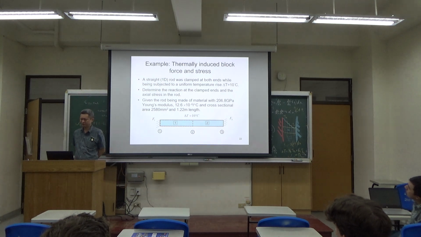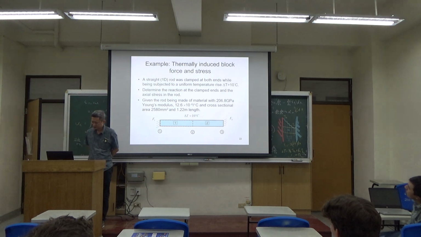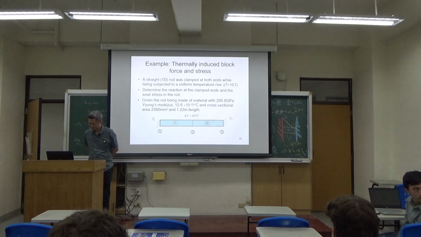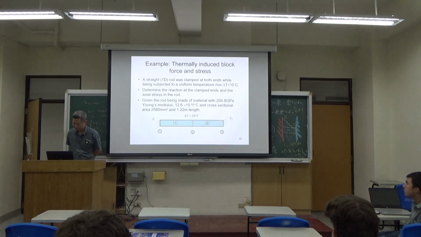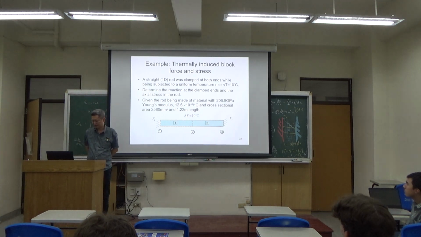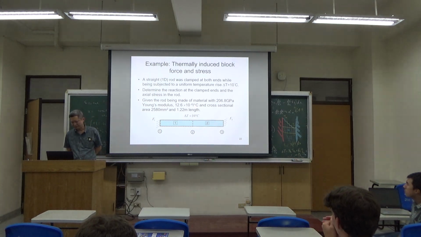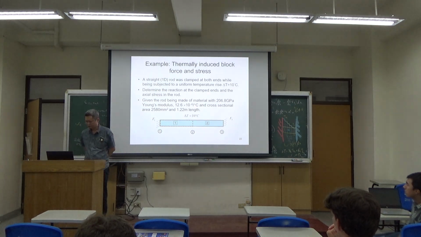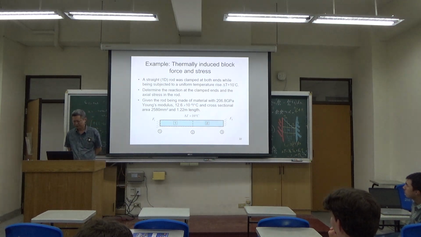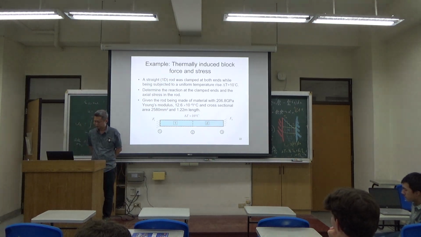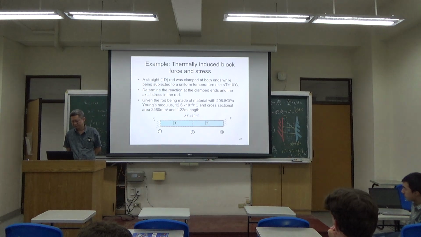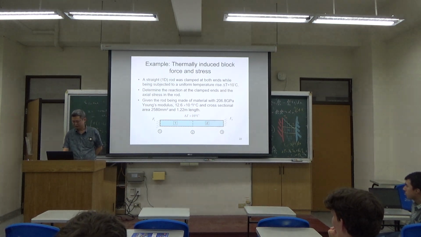We'll be able to find out what's the reaction at the dead end, given the rod is made of a material with a Young's modulus of 206.8 gigapascal and a thermal expansion coefficient of 12.6 times 10 to the power of -6 per degree Celsius, a cross-sectional area of 2,580 millimeters squared, and a length of 1.2 meters.